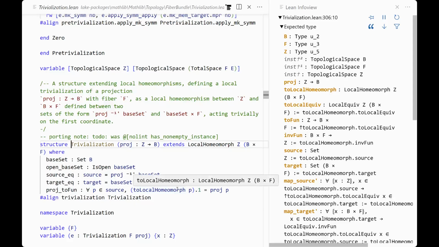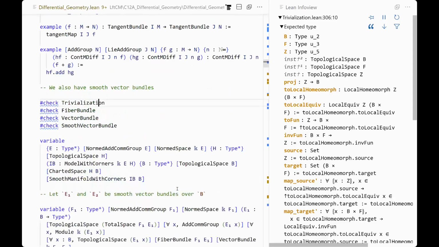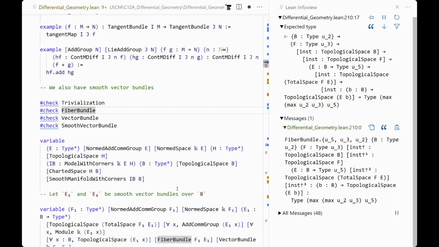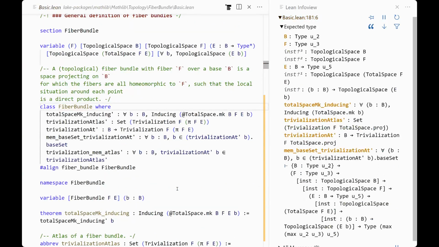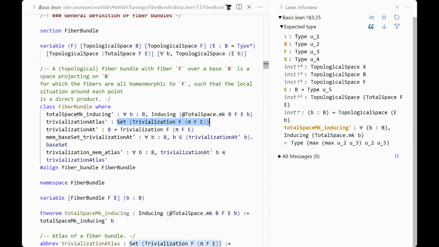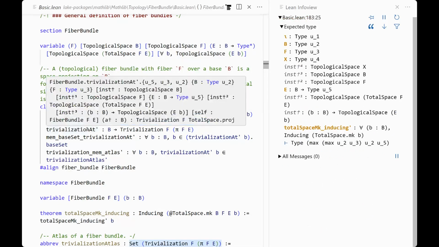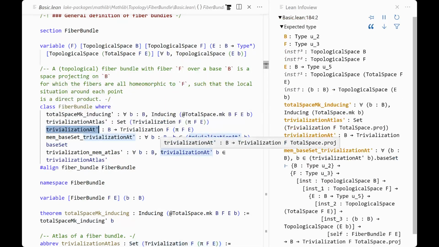Okay, yeah. So that is a trivialization, and then we have fiber bundles, which are basically a set of trivializations as before. And we are doing the same trick here as we do in manifolds. Namely, we also have a canonical preferred trivialization at each point.